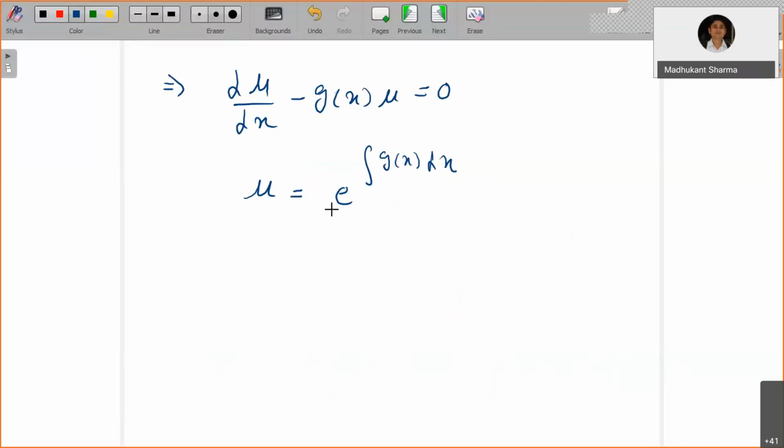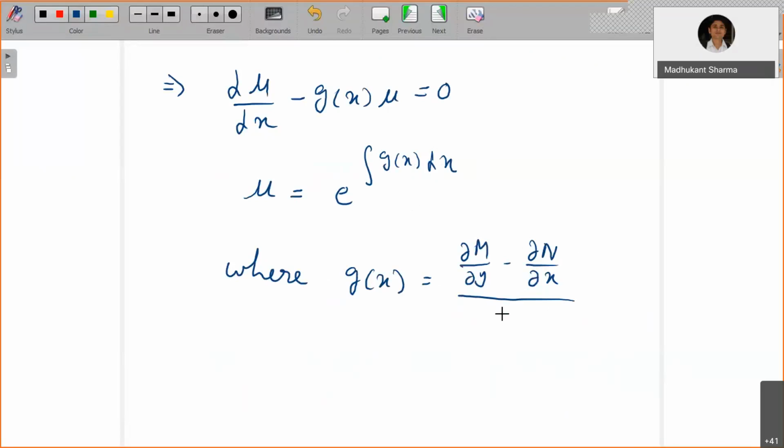We are not taking care of the arbitrary constant here when writing the integrating factor, because it anyway turns out in the final solution. So what is g of x? g of x is nothing but (dou M by dou y minus dou N by dou x) divided by N.